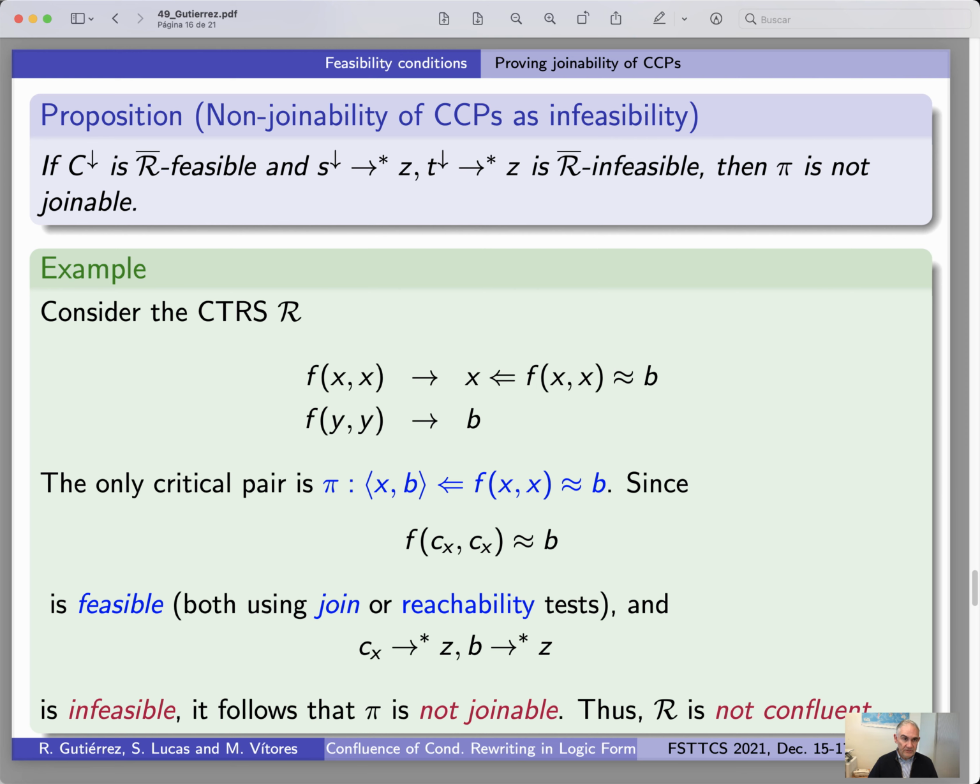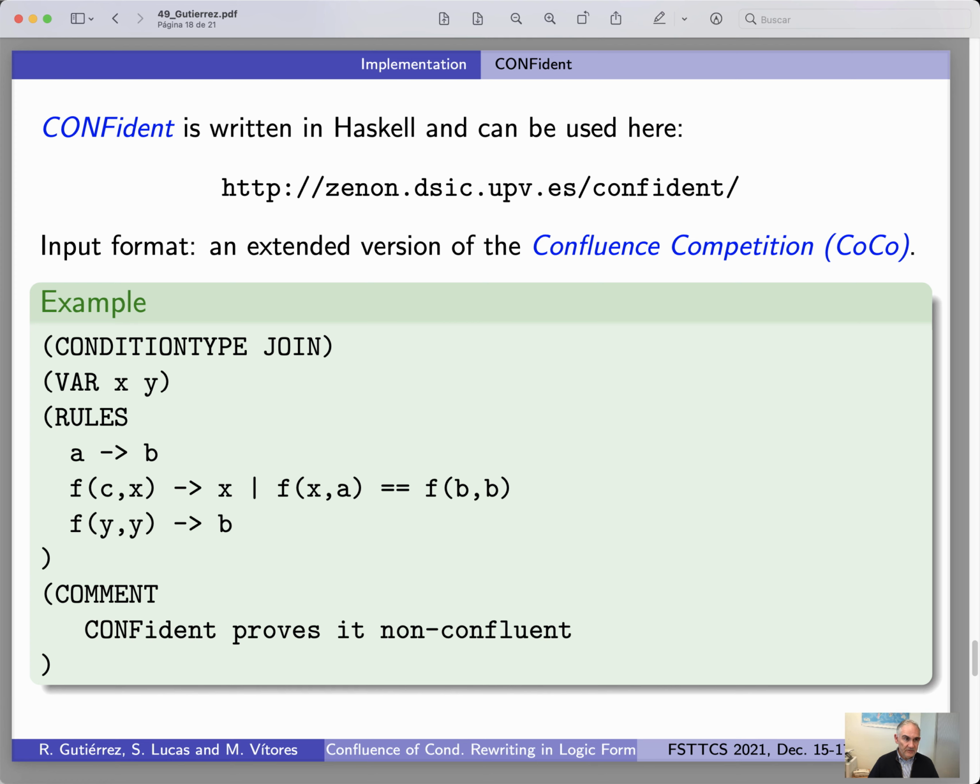We have implemented our results as part of a new tool, Confident. The tool is written in Haskell and can be used by means of an interactive web interface. Conditional systems can be introduced by using the format developed for the international Confluence competition. The notation is quite intuitive.